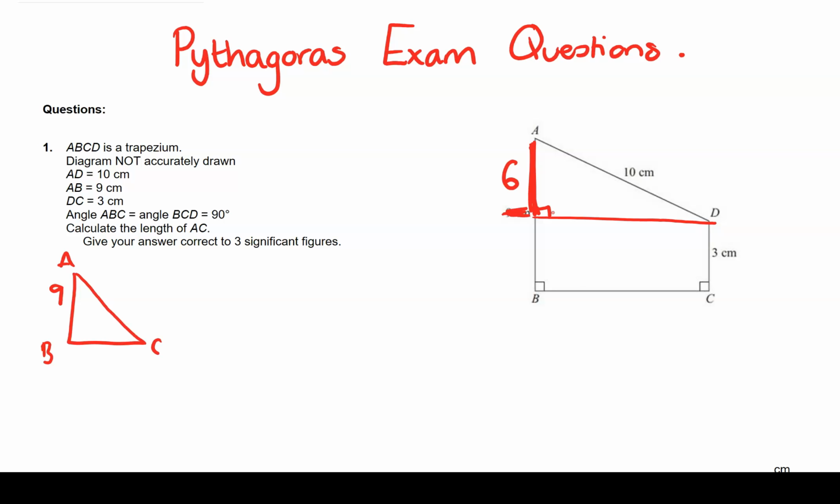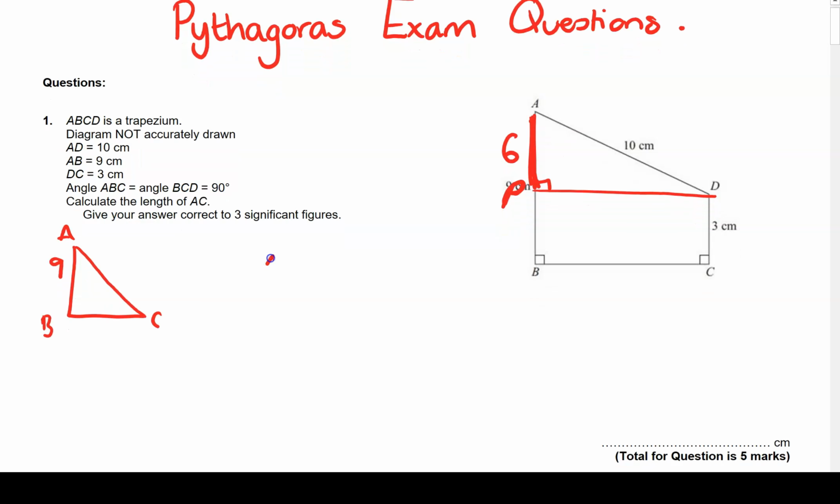So let's call that P, P for the part that we chopped off. So A, P, D is 6, 10, something.